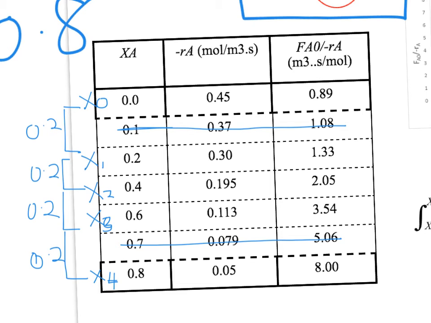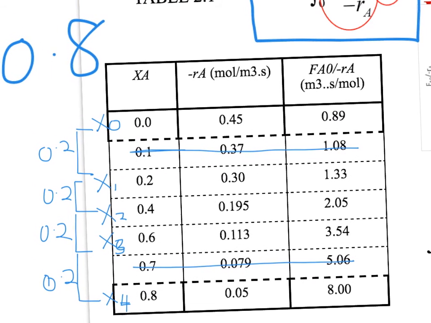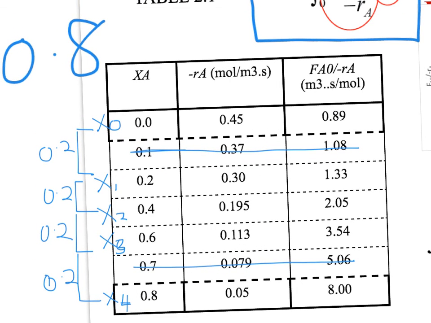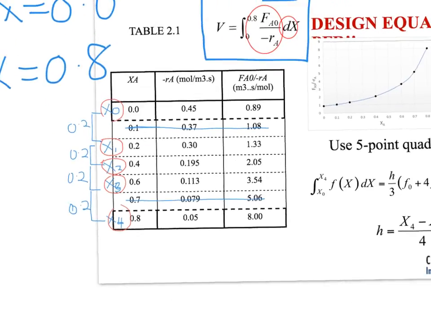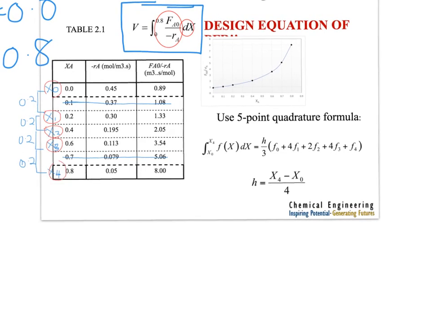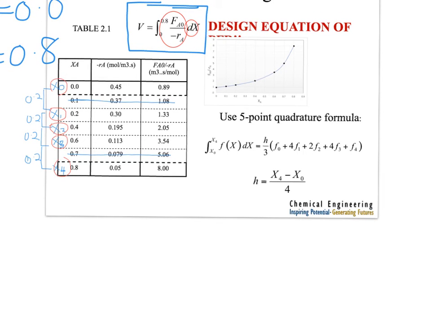Okay, now, how many points do you have? You have x0, x1, 2 points, 3 points, 4 points, 5 points. Since you have 5 points, you can use the 5-point quadrature formula.